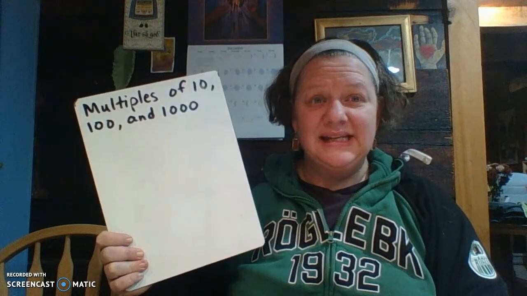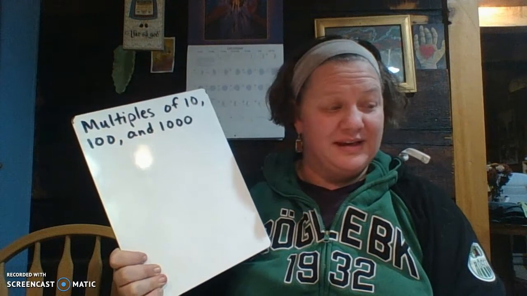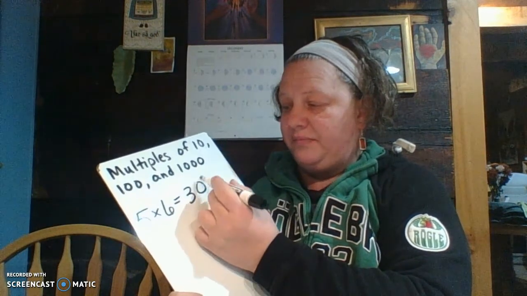This lesson is on the multiples of 10, 100, and 1000. So what we're going to be doing in this lesson is to take a problem that you already know, like let's say 5 times 6, and we know that 5 times 6 equals 30.